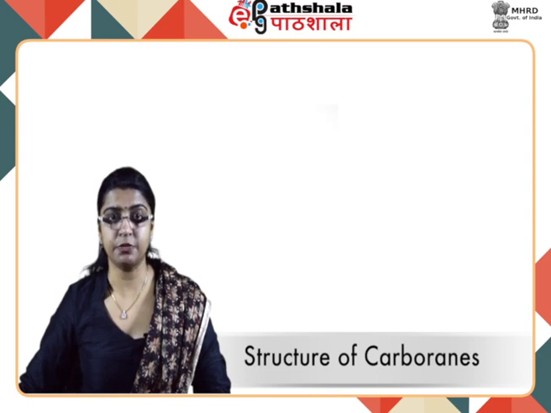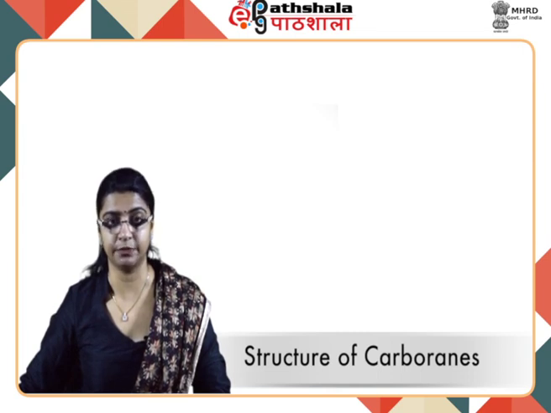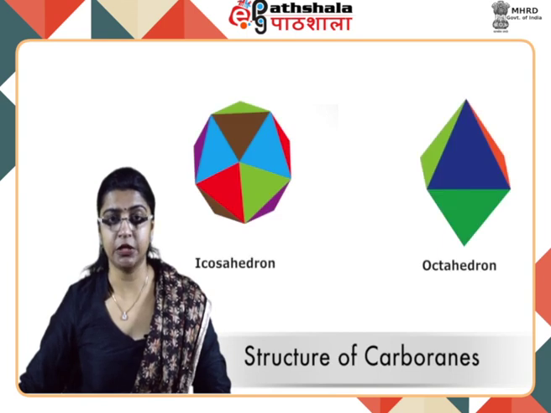Their n skeletal boron or carbon atoms define the vertices of a triangular faced polyhedra as shown in the following figure. In these figures, you may note that all the polyhedra have triangular faces and they are closed figures.